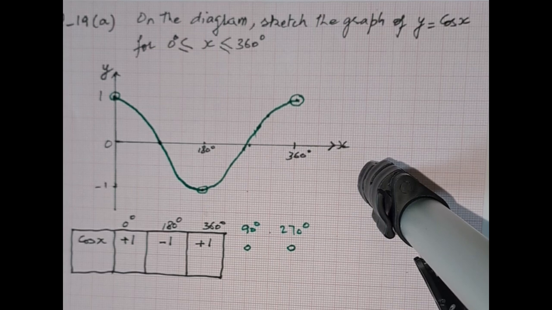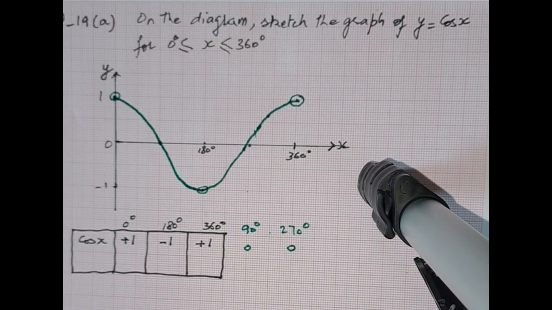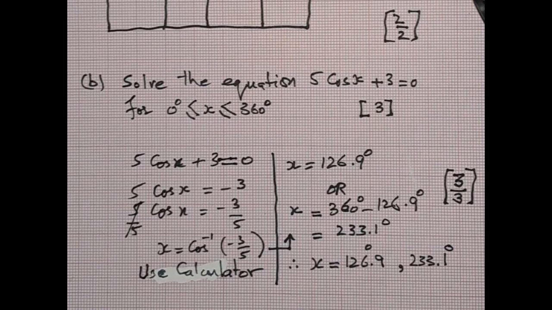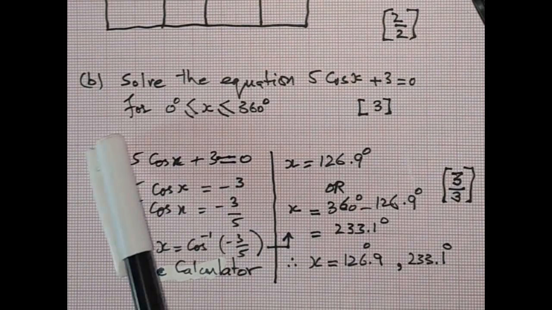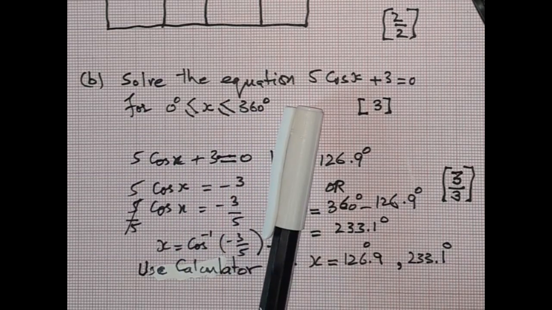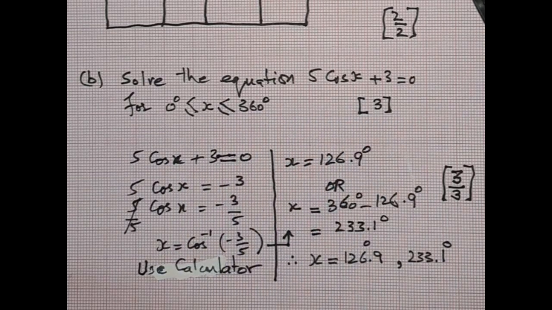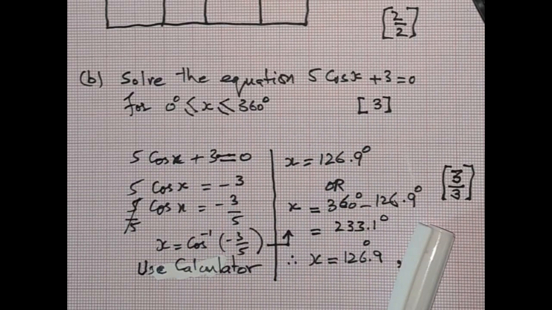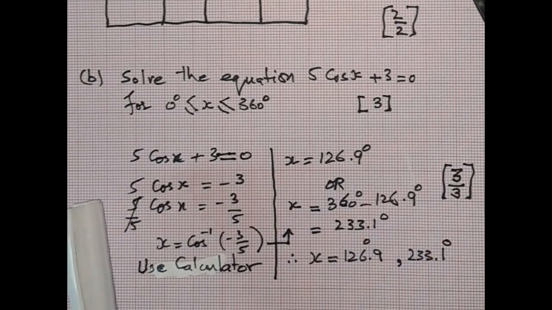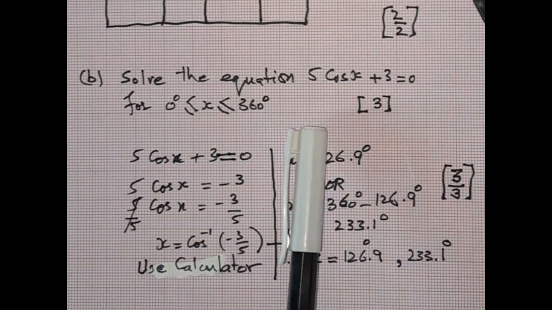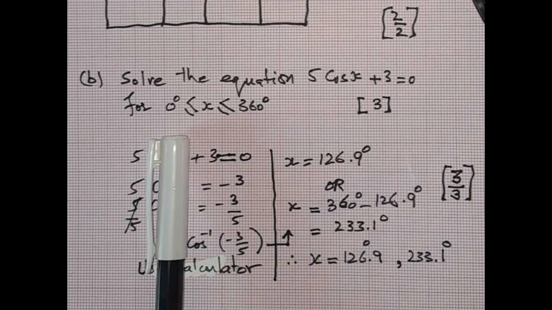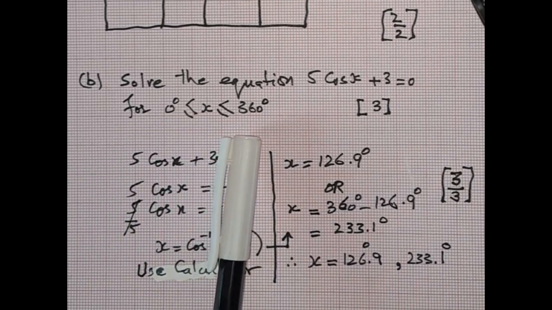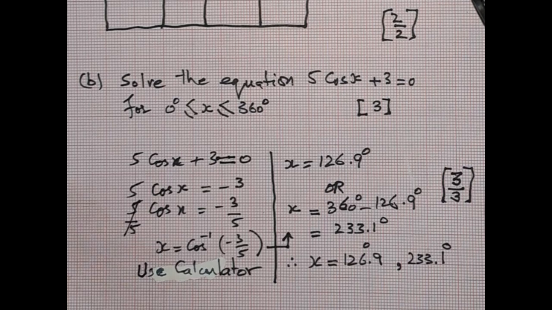Okay, now when we have done this, next is part B of this question, and in part B the question is asking to solve the equation 5 cos x plus 3 equals 0, and it has 3 marks, and the value range given of the angle is 0 is less than or equal to x and x is less than or equal to 360 degrees.